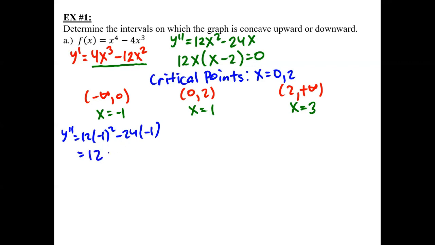Negative times negative is positive, 24 times 1 is just 24. So our double prime is 36. We have a positive second derivative test.